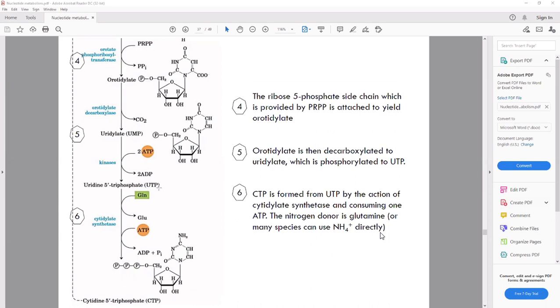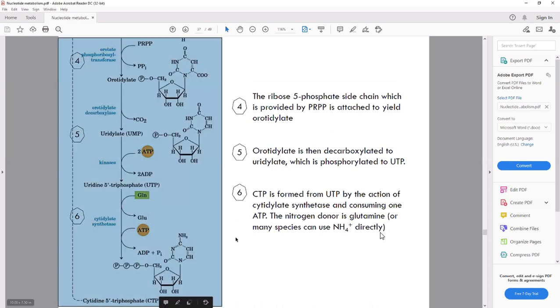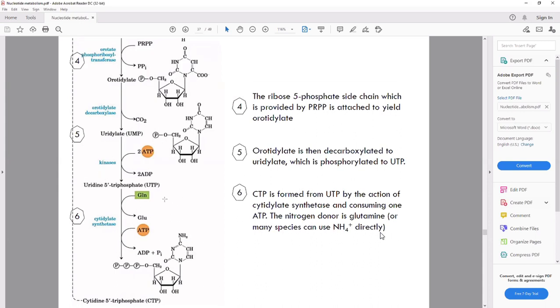It's a uridine 5' triphosphate. So basically, from UTP, it can be converted to CTP, cytidine triphosphate, by the contribution of an amino group by glutamine, by the action of CTP synthetase. So we can see that the de novo pathway for pyrimidine biosynthesis is very simple.